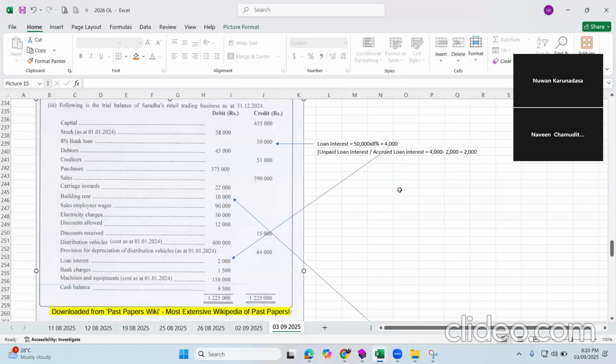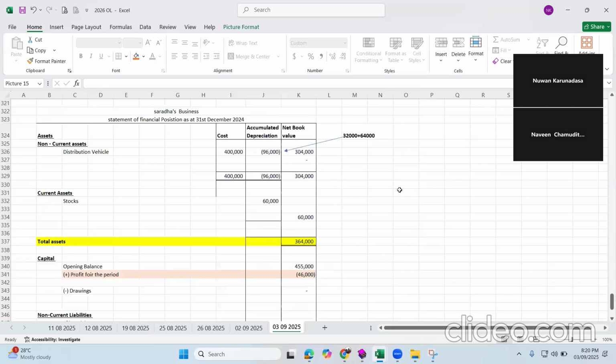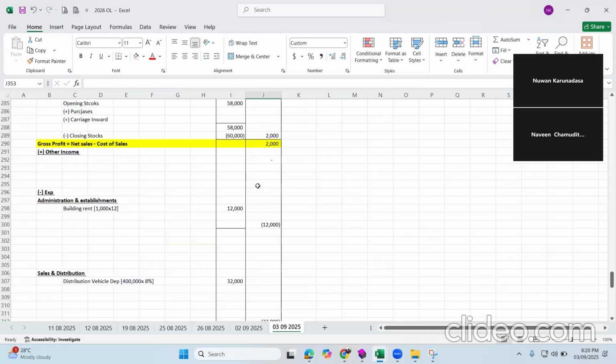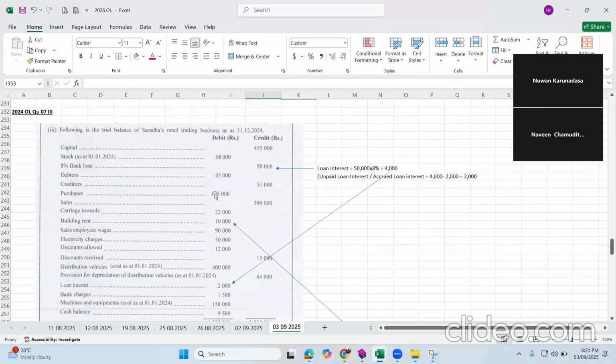There is unpaid 2,000 accrued current liability. Accrued bank loan interest came 4,000 minus 2,000, value here 2,000. Done. Then bank loan done.